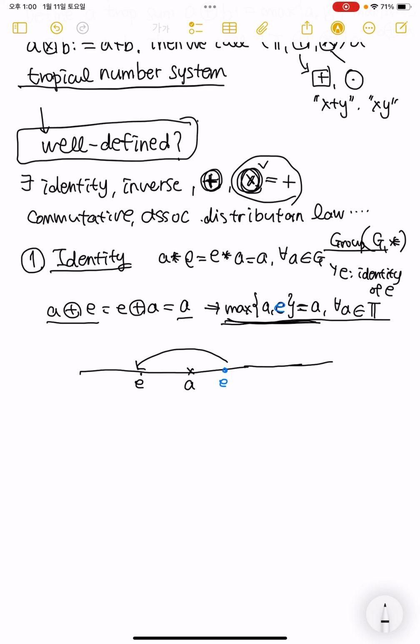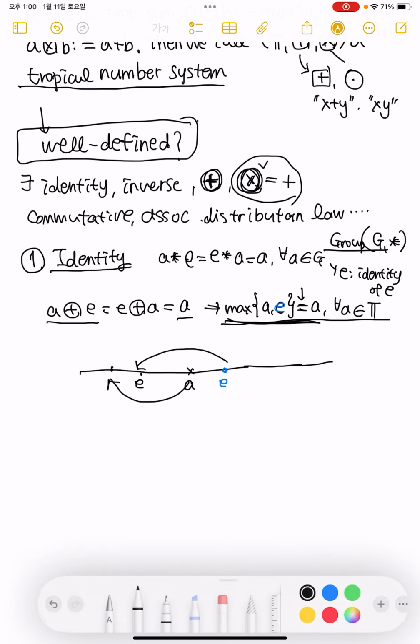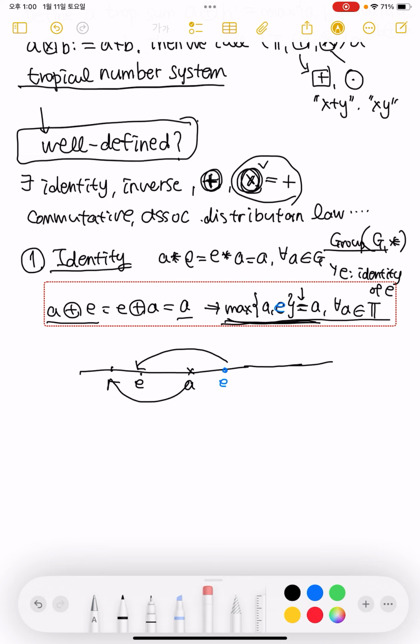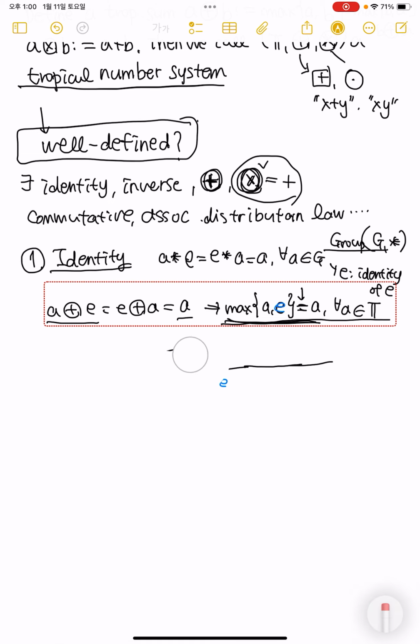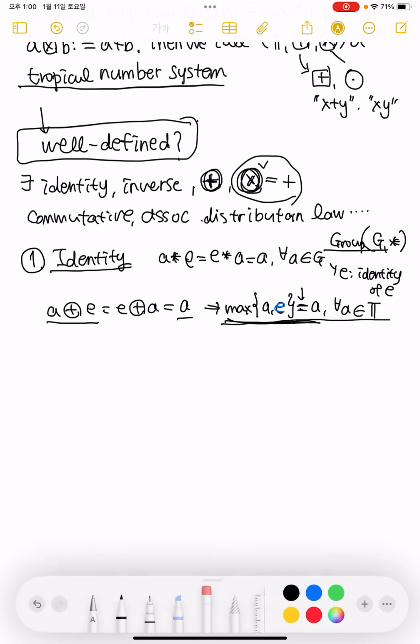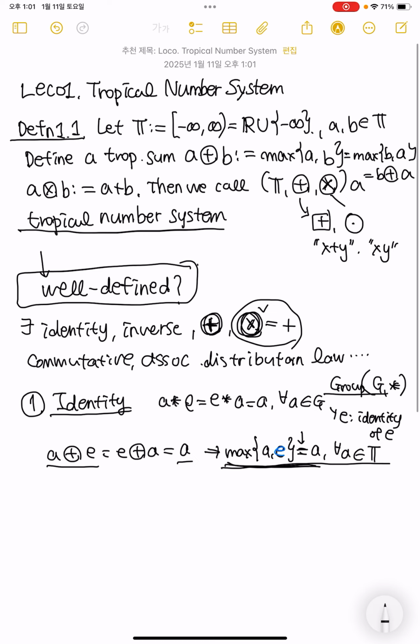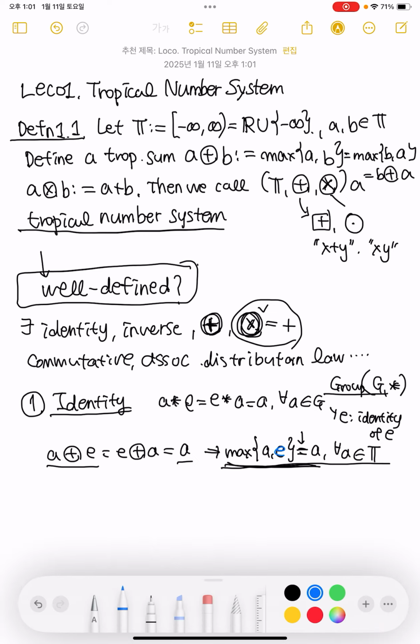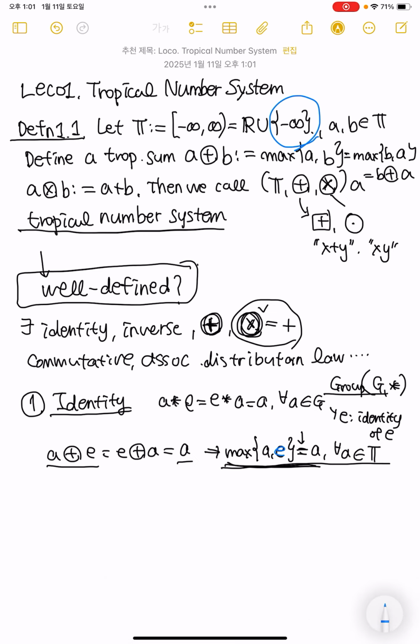But A can also move here. So to hold this equation, we should use the extended real number valued system, as I said. That is an essential part of the tropical number system.